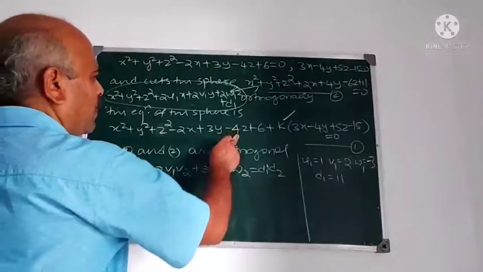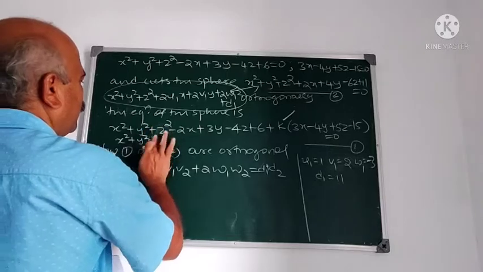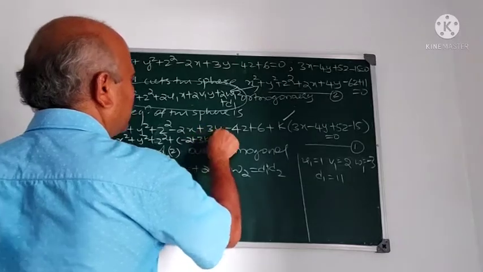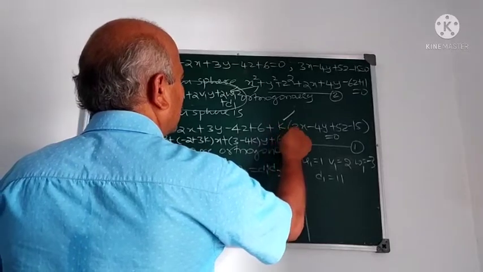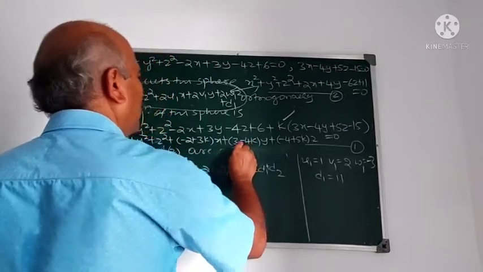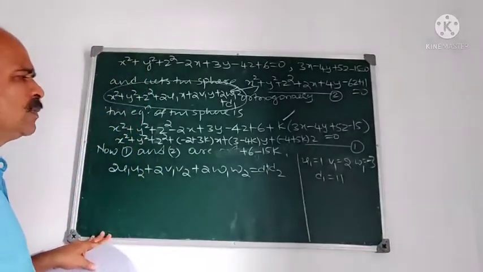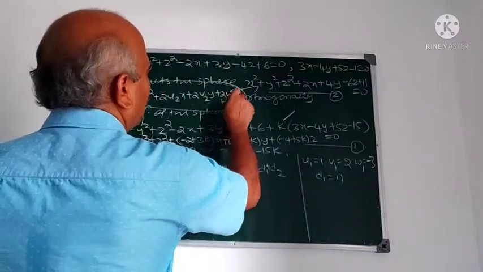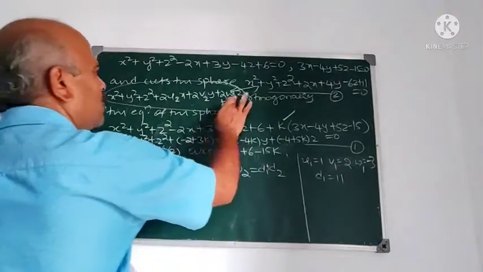Now I simplify this equation further: x square plus y square plus z square plus (minus 2 plus 3k) into x plus (3 minus 4k) into y plus (minus 4 plus 5k) into z plus 6 minus 15k. Now compare this with the standard second equation, u2x, v2y, w2z, d2 is equal to 0.